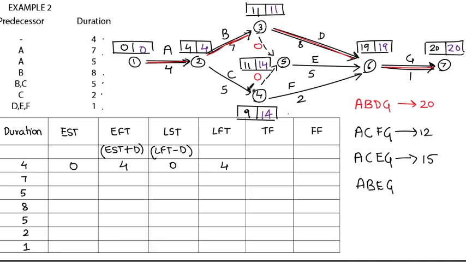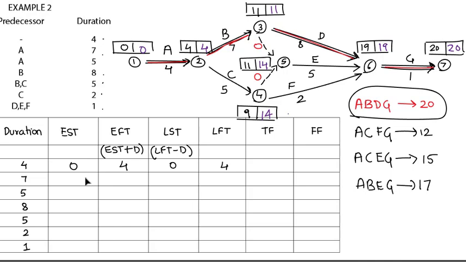A, B, E, G will give me 4 plus 7, 11, 11 plus 5 is 16, 16 plus 1 is 17. See, the critical path has the longest duration, that is ABDG. I told you ABDG critical activities will have no float, that is no relaxation time. Let's check it further.